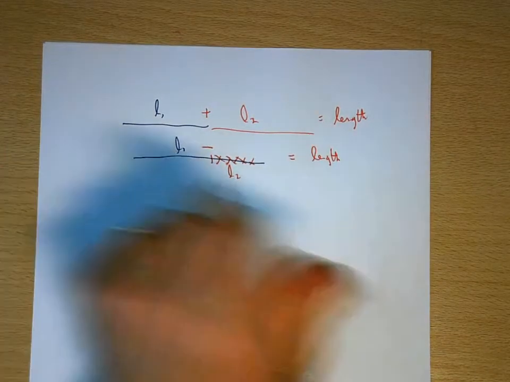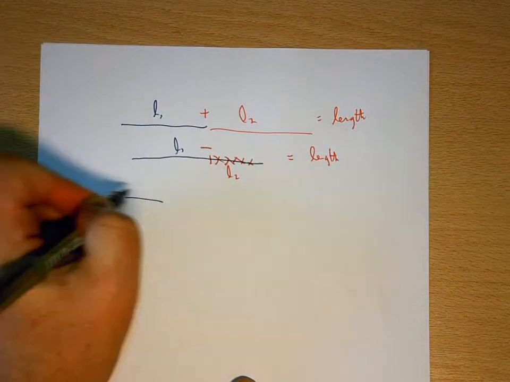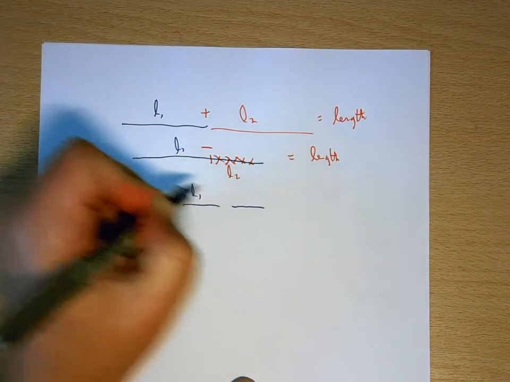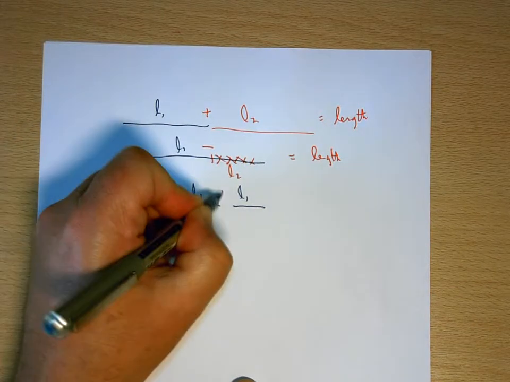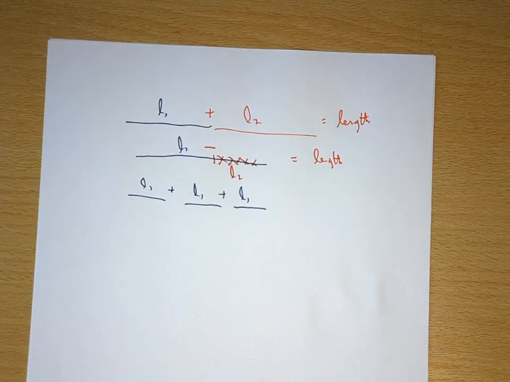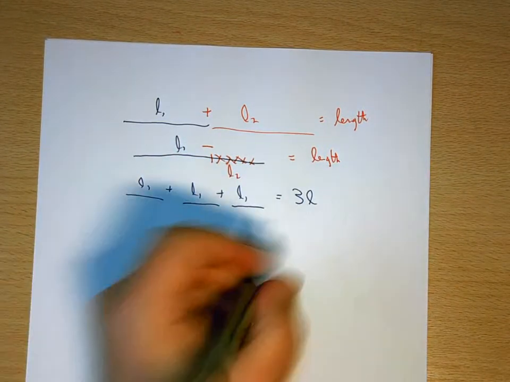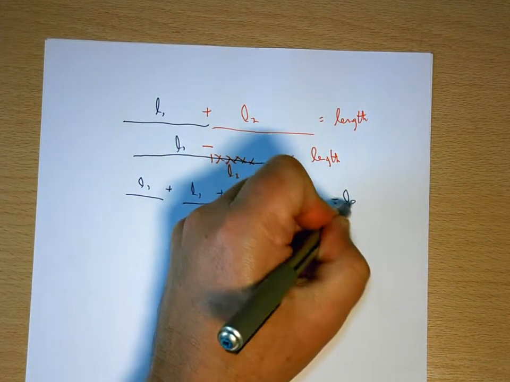Similarly, if we were to add maybe 3 lengths which are the same, then we'd end up with 3L1, which is still a length.